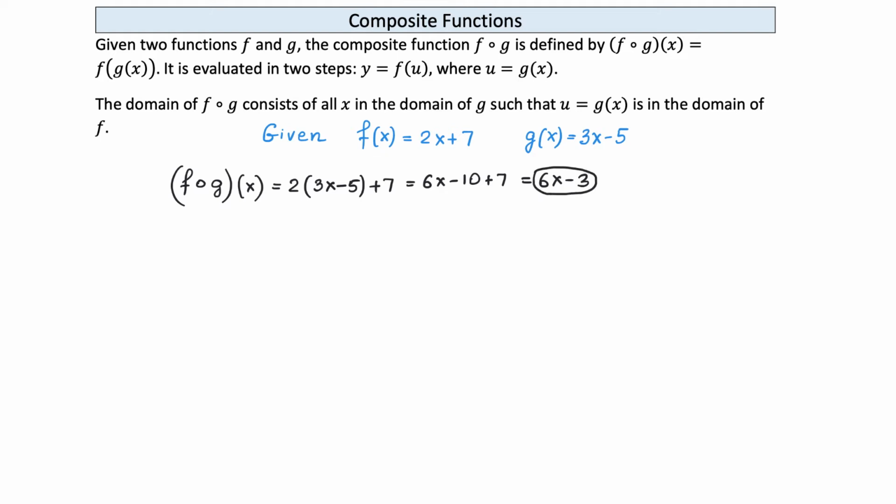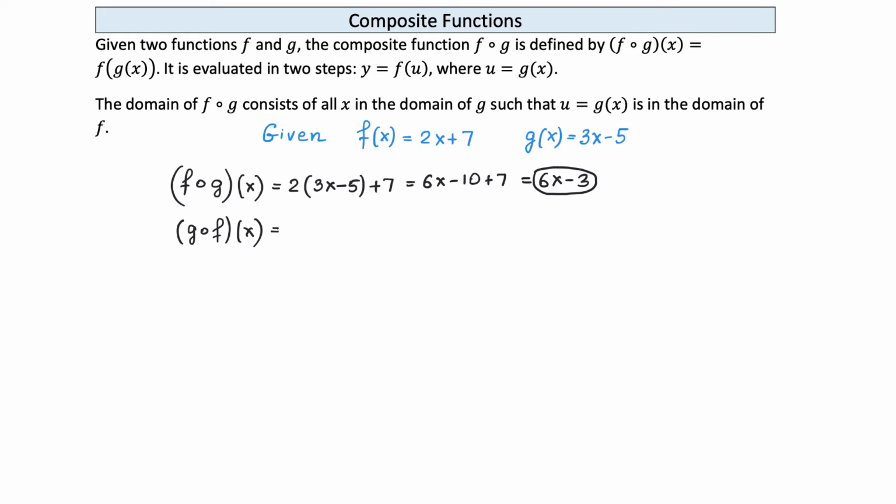Now let's see what we get if we perform the composition of g and then f. Now g is the main function and f becomes the domain of g. This means that in this g function we will replace this x with 2x plus 7.